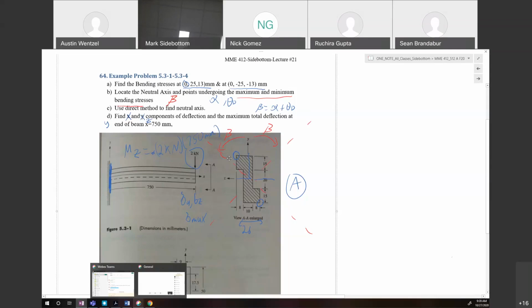The last part was to solve for the deflection of this cantilever beam section using the following two equations. Using the deflection equations, we solved for delta m and delta n. We converted those to delta x and delta y and delta z. And we could also then solve for the maximum deflection as being the square root of the sum of the squares.